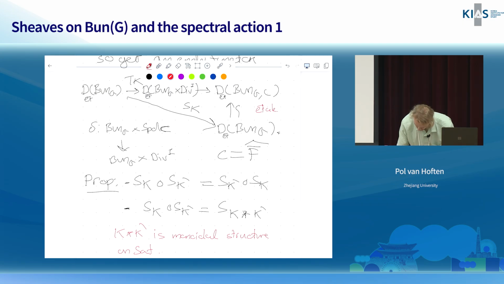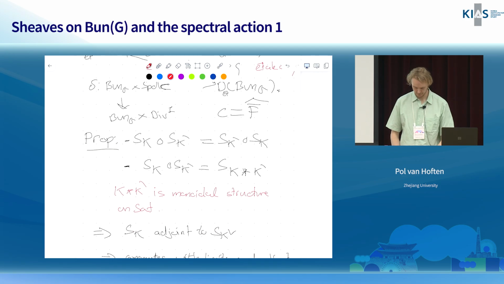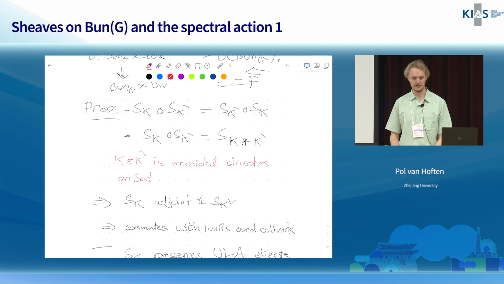So this forgetting of the V group action in the Satake category is only valid in that setting. There's a way to do things in de Rham, but it's just more painful. And there's also a way, Fargues-Scholze do it using D-lisse, and that's also more painful. So this is somehow the cleanest formulation of this.